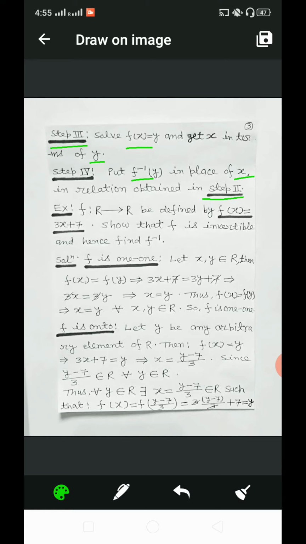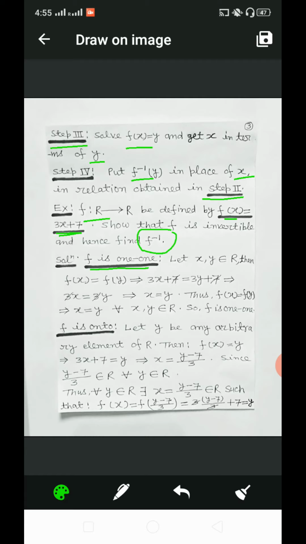Taking one example, let function f from R to R be defined by f(x) equal to 3x plus 7, show that f is invertible and hence find f inverse. Dear students, to prove the invertibility of the function f, we have to prove that f is bijective. Here we use the above thinking process. First, f is one-one.